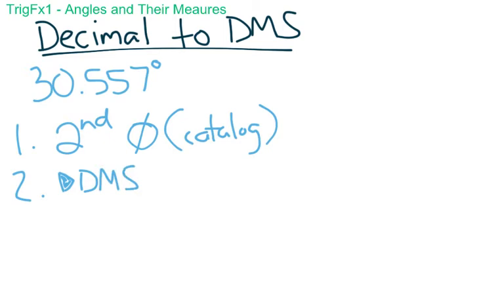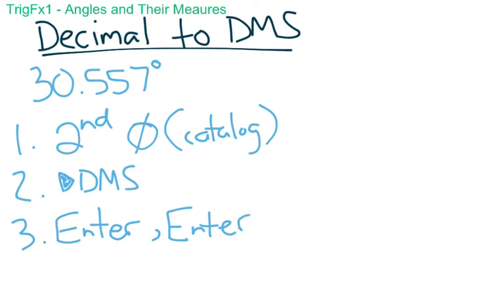You could just scroll from A down to D, but to get there quickly, since you're already in alpha mode, you can just press the letter D, which is on the left side of your keypad, X to the -1. And you're going to scroll down and look for DMS. We're going to press Enter on DMS, and then press Enter again to actually evaluate that 30.557.